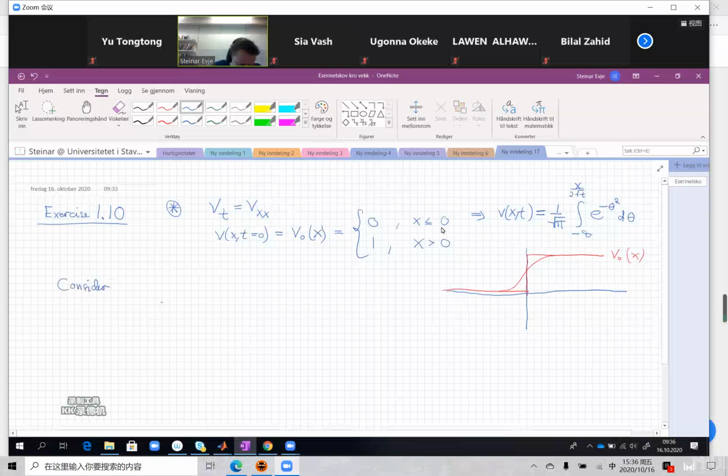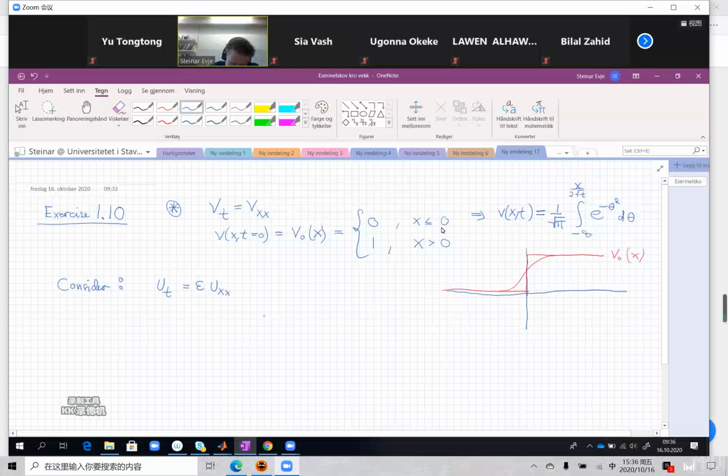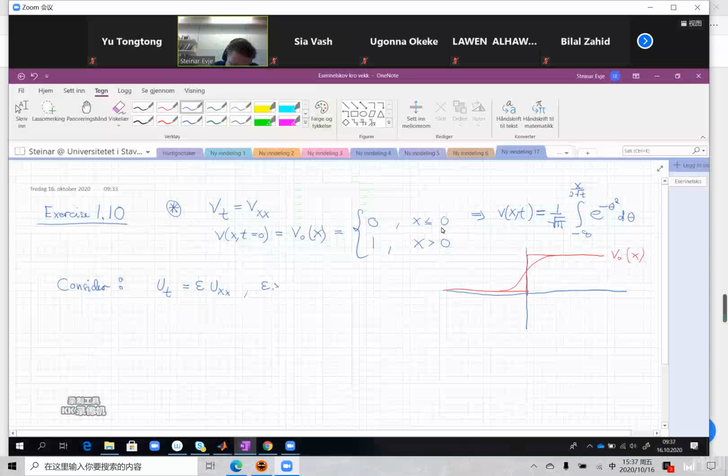But then the problem here is to consider a slightly different equation, namely ut equal to epsilon uxx, where epsilon is some parameter which is positive, but it's constant.